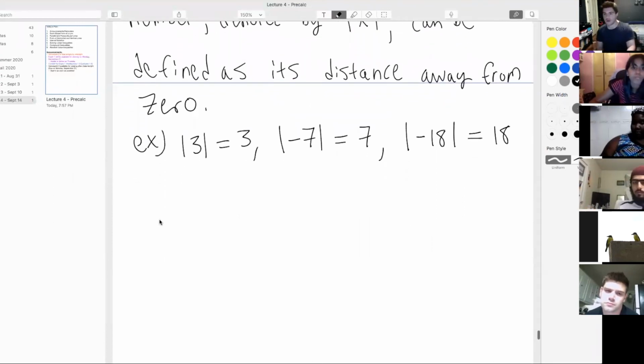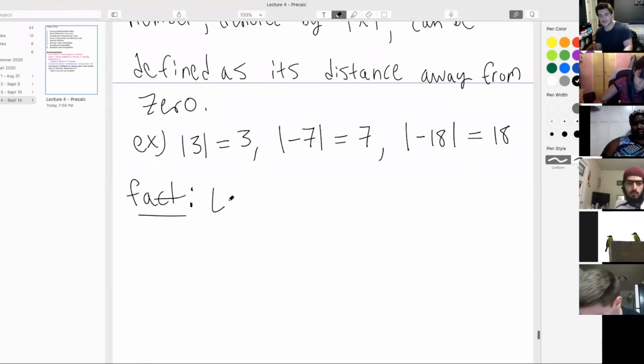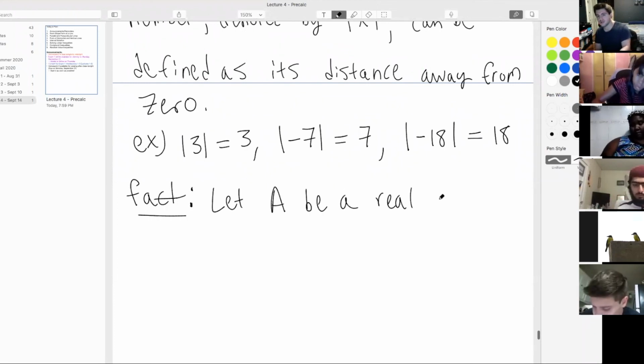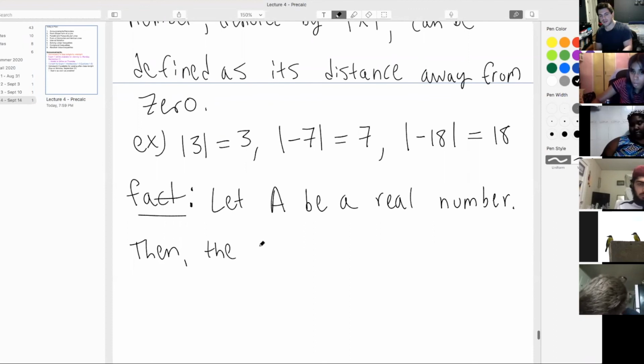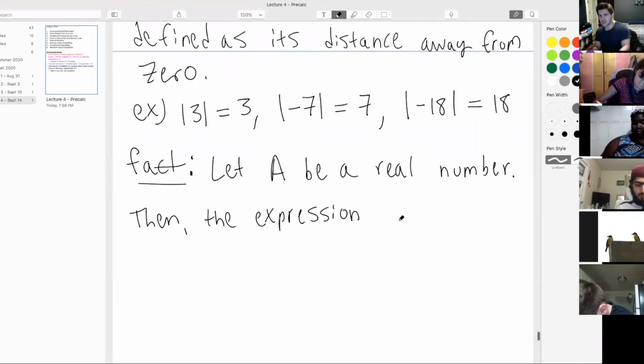Okay, so very quickly, let's just talk about a quick fact regarding absolute values. So let A be a real number, okay? Just any old number. Then the expression, and this is a very important expression, absolute value of x minus capital A. Okay, what does this mean?